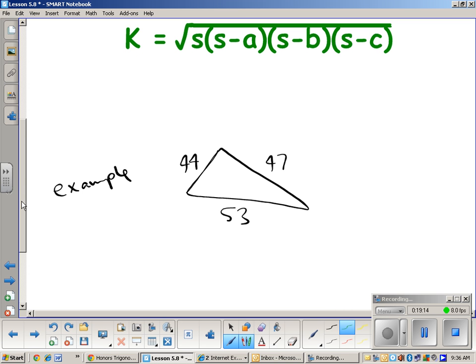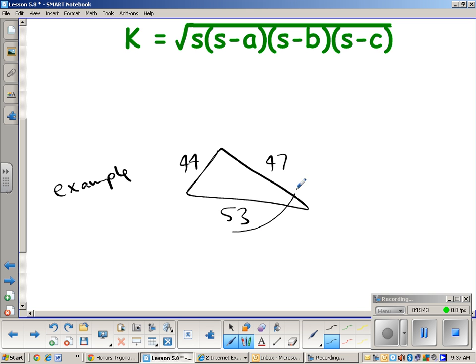So here we have a triangle. And I know the three sides of this triangle. I have no idea what any of the angles are, but I know the three sides. I want to find the area of the triangle. So what's the perimeter of this triangle? And so the semi-perimeter would be 72.